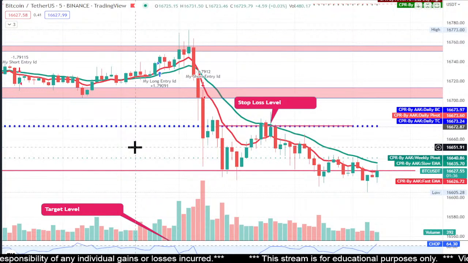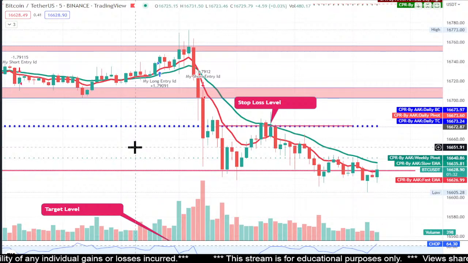To close in profit is my vision. However, I have to close in profit is my ego. And ego is very, very bad for trading. So always try to refrain from your ego side of the personality.